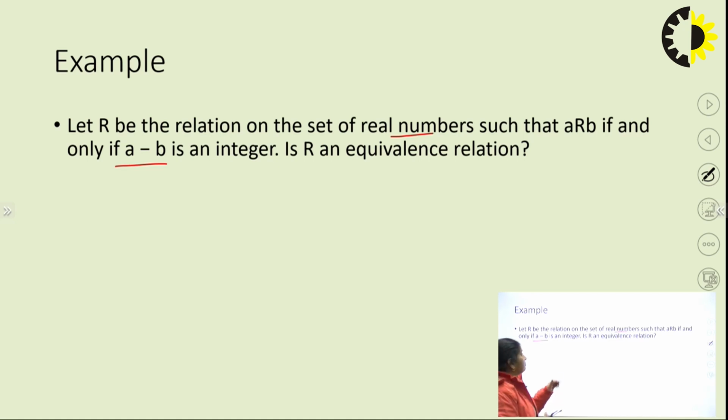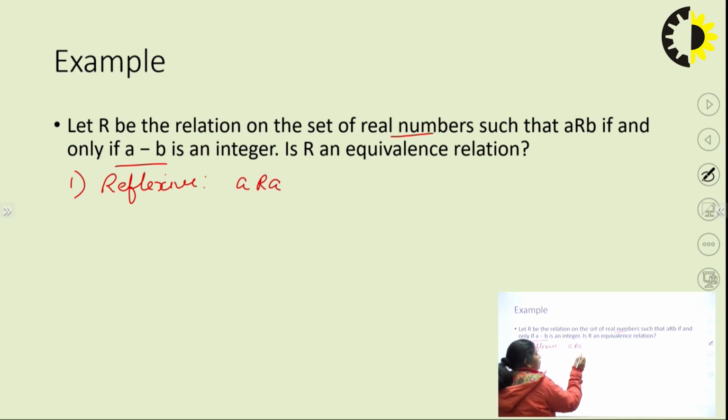So when we have real numbers and their difference is an integer, then the relation exists. Now let us check, is R an equivalence relation? To check whether a relation is an equivalence relation, firstly we need to check whether the relation is reflexive or not. We have just studied that a relation is reflexive if A is related to A for all A belonging to the set. Now our set is the set of real numbers.